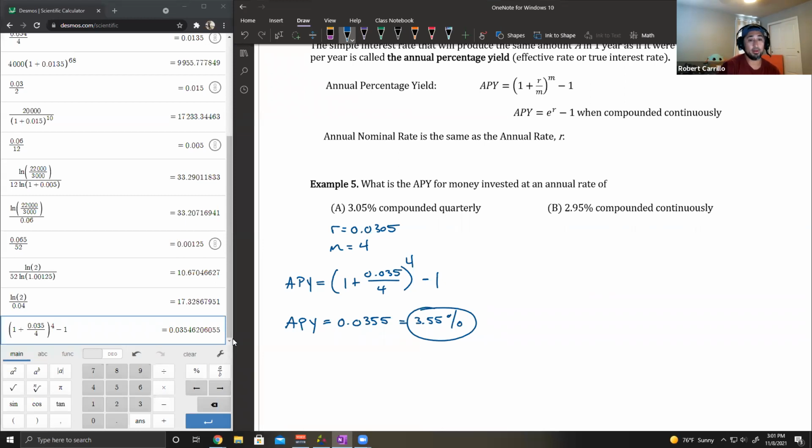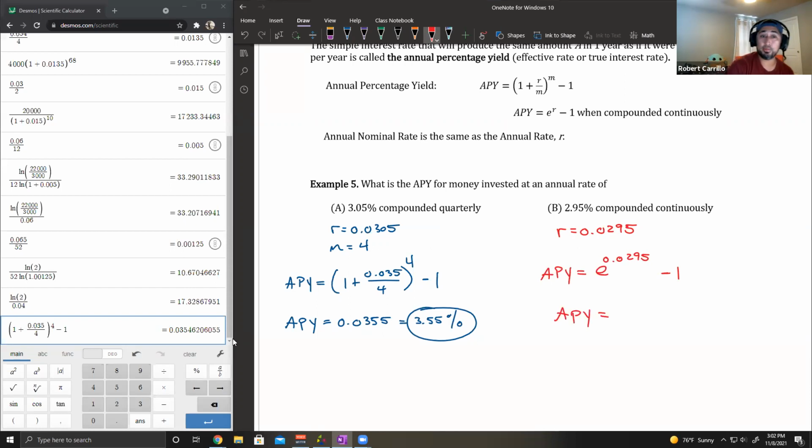Okay. And then B, check it out for compounding continuously. So all we need to know for this one is your rate. So your rate is 2.95%, so 0.0295. And the APY here is going to be e to the r, e to the 0.0295, minus 1.